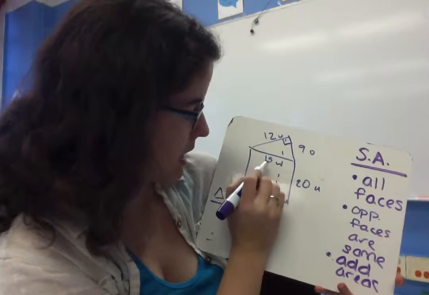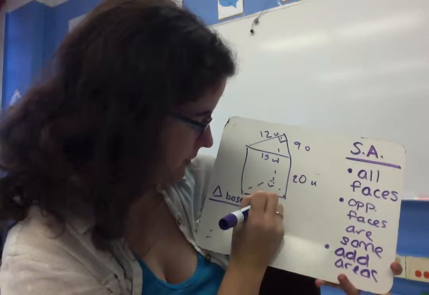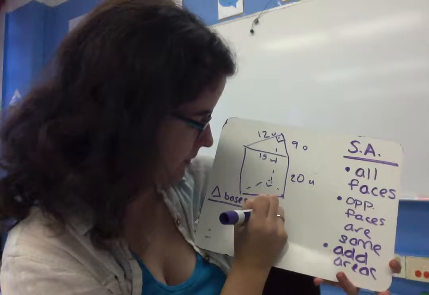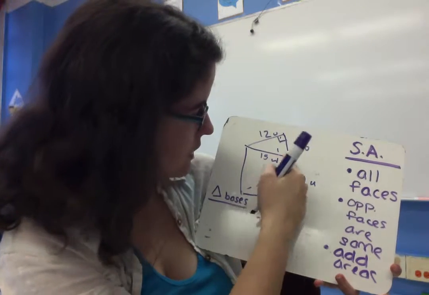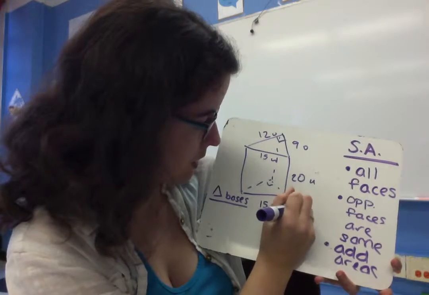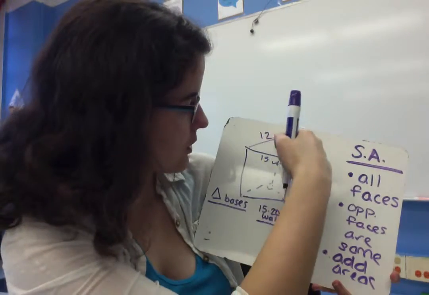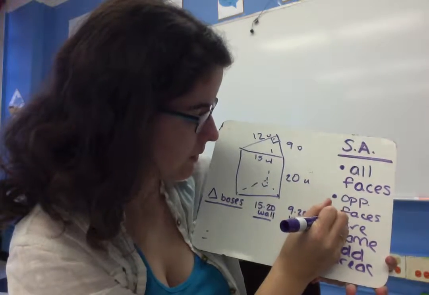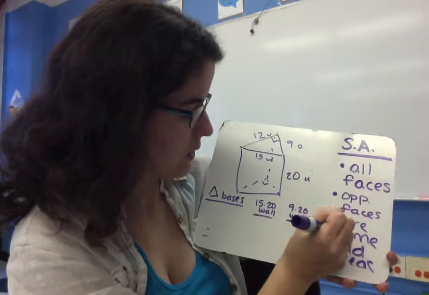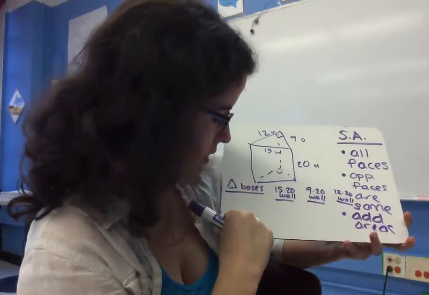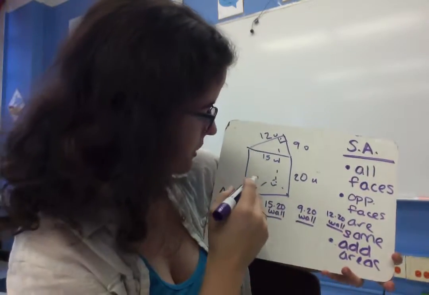So our first one could be a 15 by 20 wall. Our next one could be a 9 by 20 wall. And our last could be a 12 by 20 wall. And that's going to be 2, 3, 4, 5, all of the faces of my triangular prism.